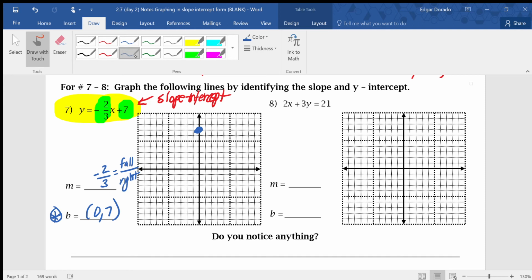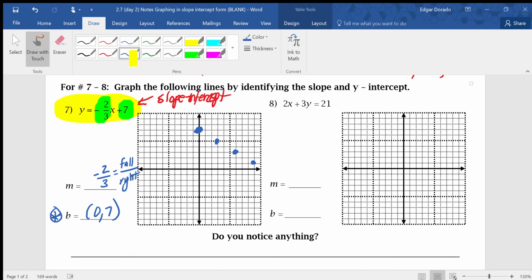So from there, we're going to go down 2 and to the right 3. So we are somewhere right here. Same thing. From there, go down 2 to the right 3. And remember, guys, you can always do the exact opposite: go up 2 and to the left 3.